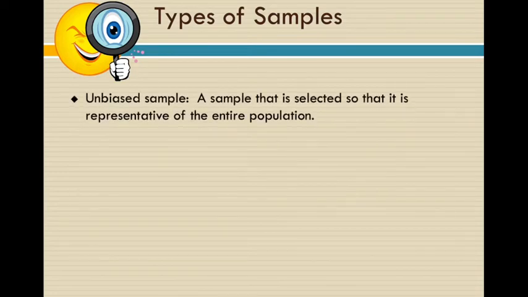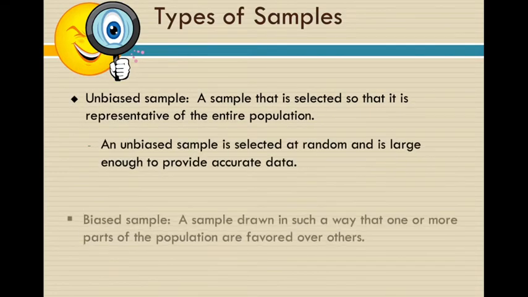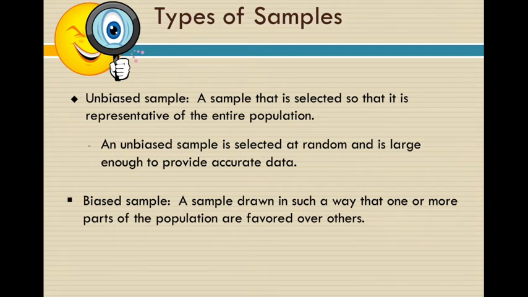Okay, type of sample. We went through the best method and the not so best method before. That actually tells us that there are two types of samples, and they are unbiased and biased sample. Okay? Unbiased sample is a sample that is selected so that it is representative of the entire population.